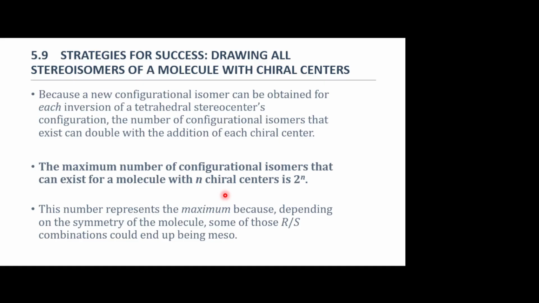And so this is always the maximum. You are not guaranteed to get all of these. Some of those RS combinations end up meso. And if you have a meso, that means the other one's the same molecule when you flip them all.